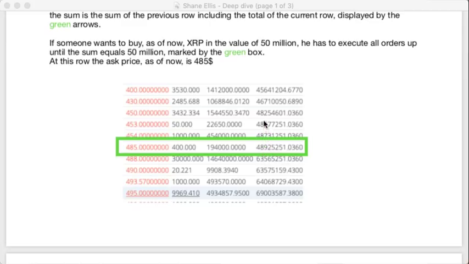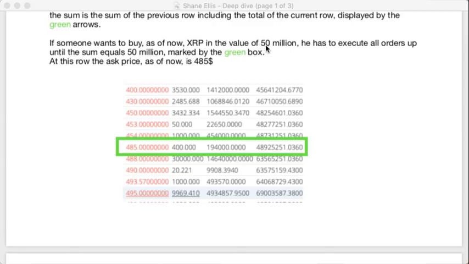So all these orders before have to be executed to reach a total sum of value of roughly 50 million. The last of these executed ask orders will have a price of 485, and because it's the last order to be executed, this will be the new price of XRP.